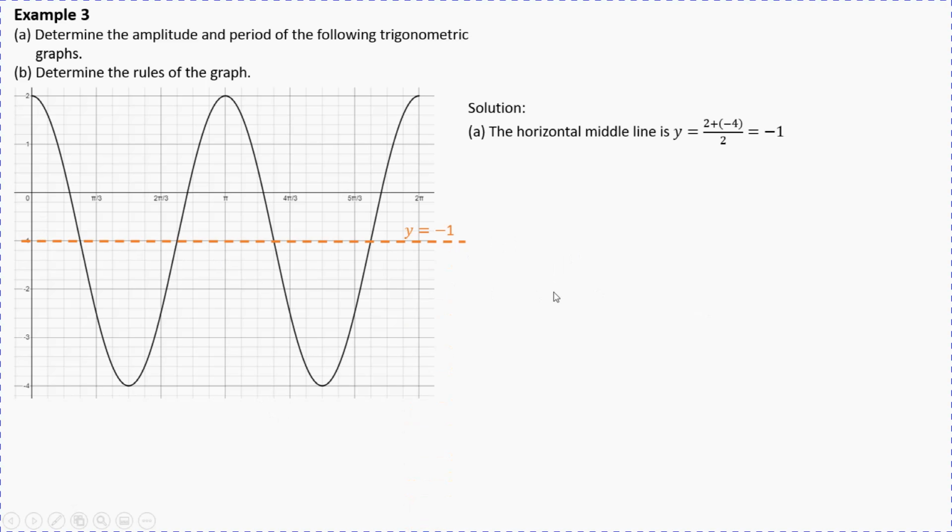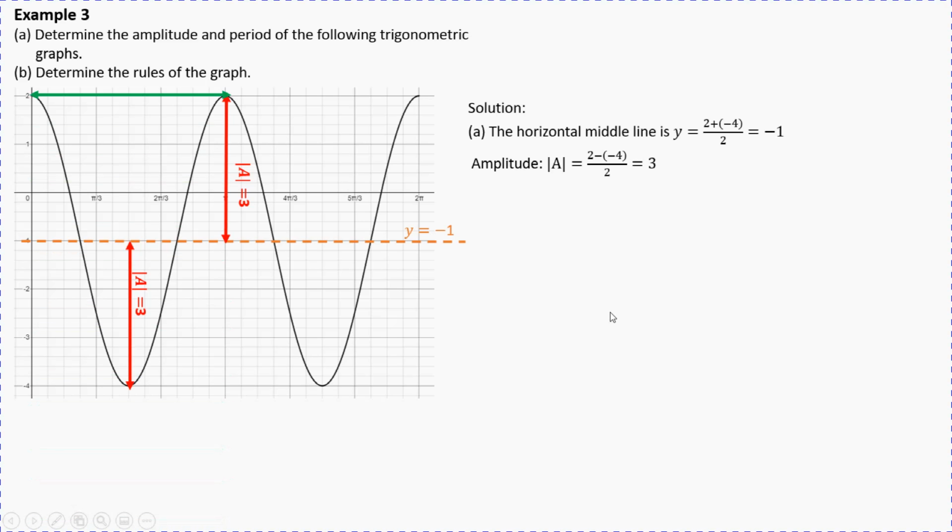The middle line is y equals -1, so for the amplitude here I use the highest point minus the lowest point, divided by 2, which is 3. But you can do it another way: from the highest point to the middle line, you can see how high it is. It should be 3 units.